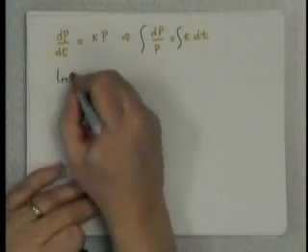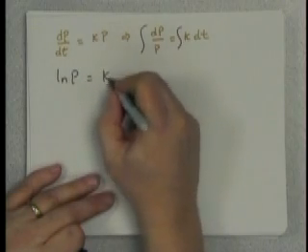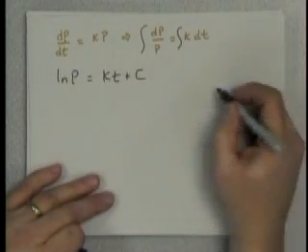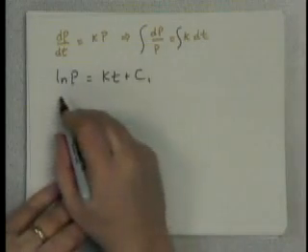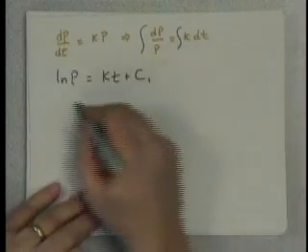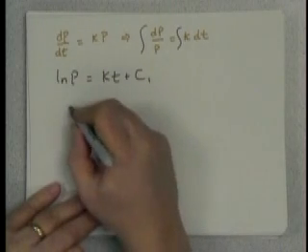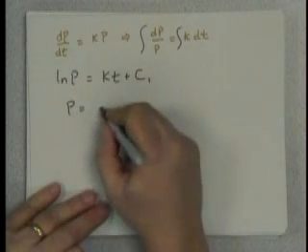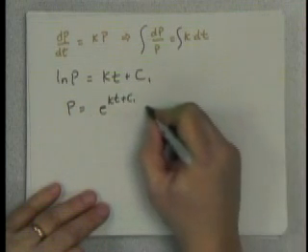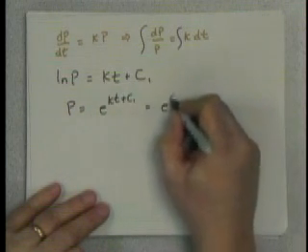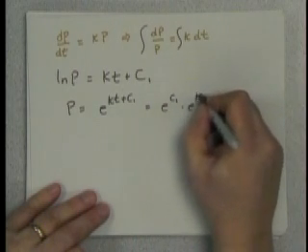So you get the natural log of P equals kt plus some constant, I'll call it C1 for now. To get P by itself, I take e to the power, the inverse of the natural log. So P equals e to the kt plus C1, which is e to the C1 times e to the kt.